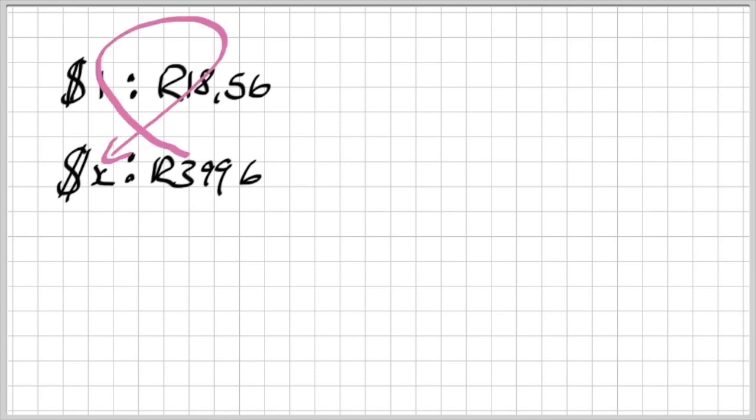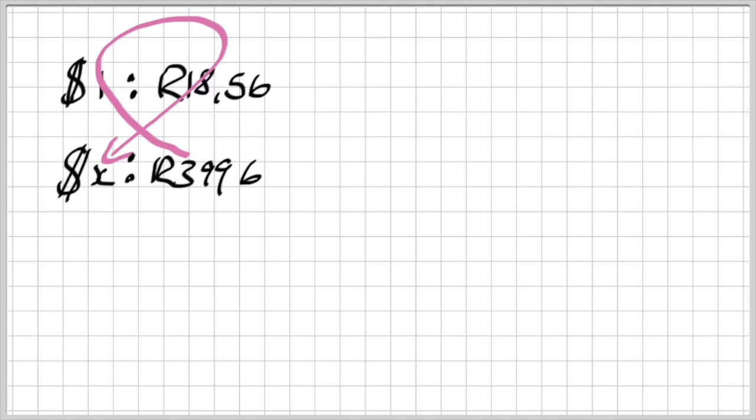So it goes from the 3,996 up through the 1, around and down through the 18 Rand 56 down to the X. That ribbon works wonderfully when it comes to ratios. So what does the ribbon mean?